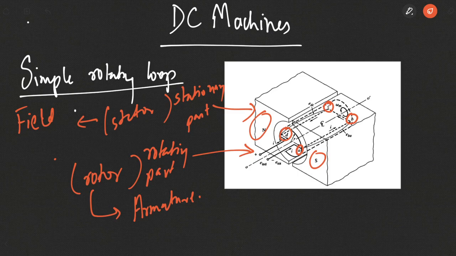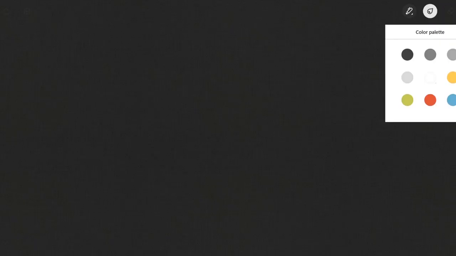So we have now a coil ABCD placed in a magnet, under the influence of a magnet. So the magnet will actually be producing a magnetic field. So next what we'll be doing is we'll try to derive the voltage induced in this rotating loop.